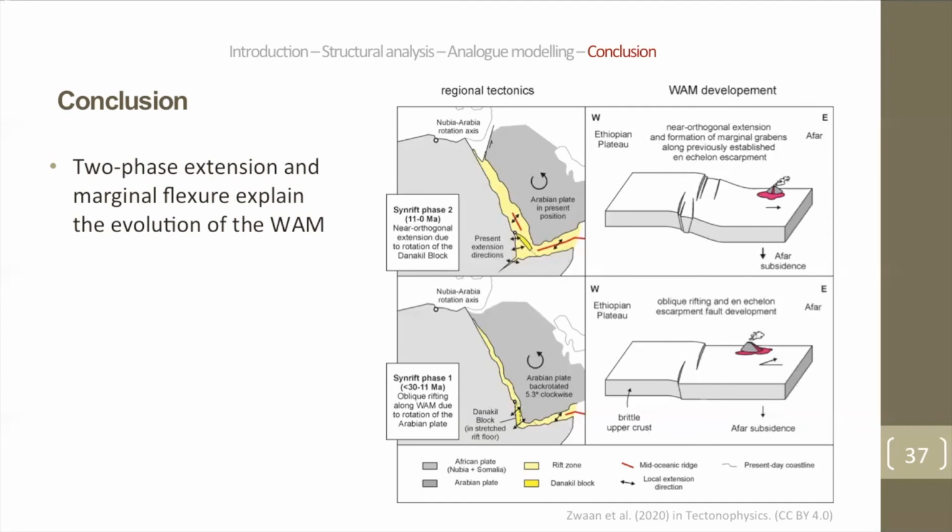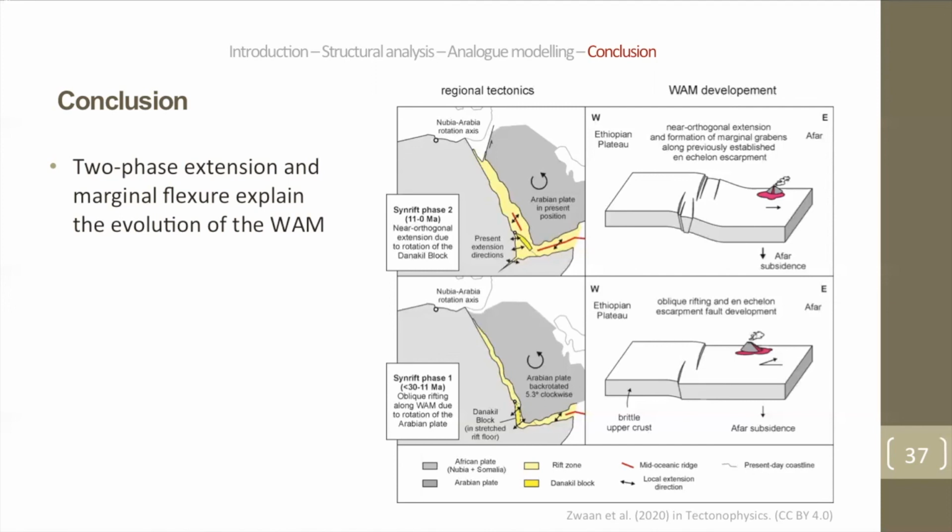And this might simply be due to the fact that marginal grabens have a difficult time developing under oblique extension, whereas oblique extension is quite typical to occur during the evolution of a rift system. And the other factor might also be that Afar and the Ethiopian Plateau have quite a high difference in elevation at the moment.